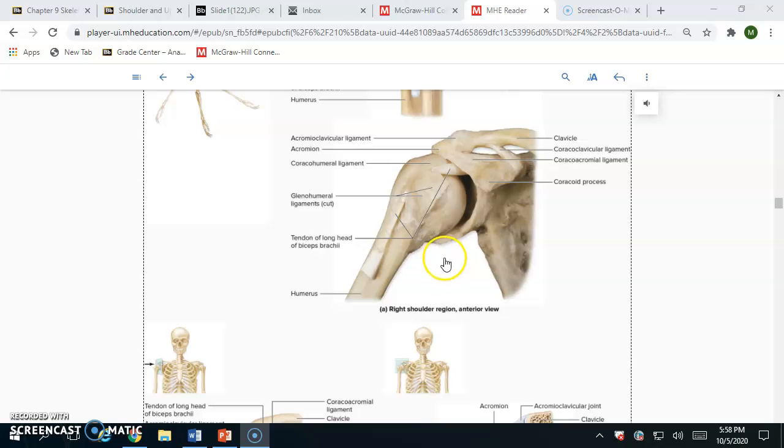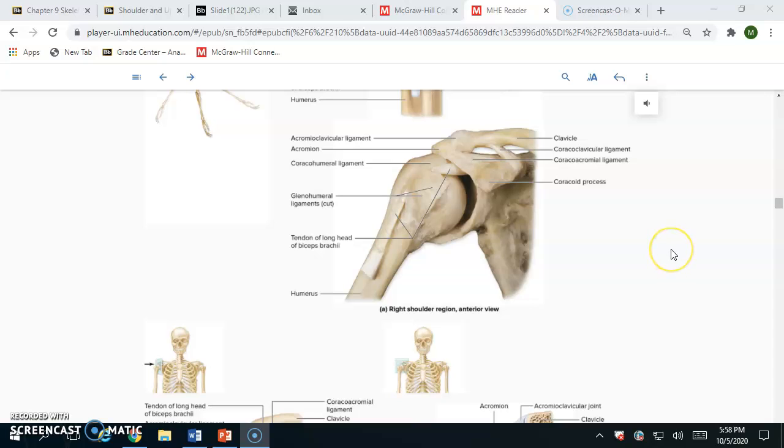Because we don't have as much stability as other joints at the glenohumeral joint, we get more movement there, which is what we want, more range of motion in our upper limbs. So we're trading off more range of motion and movement against stability.